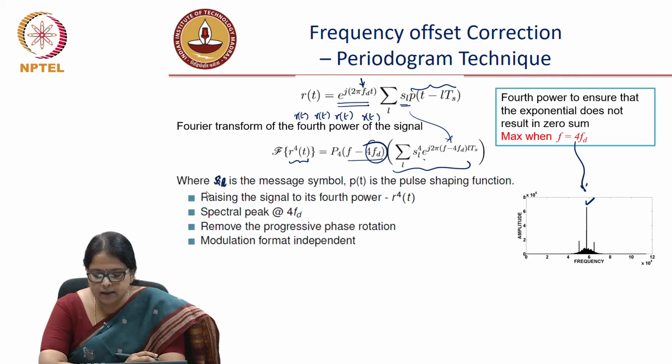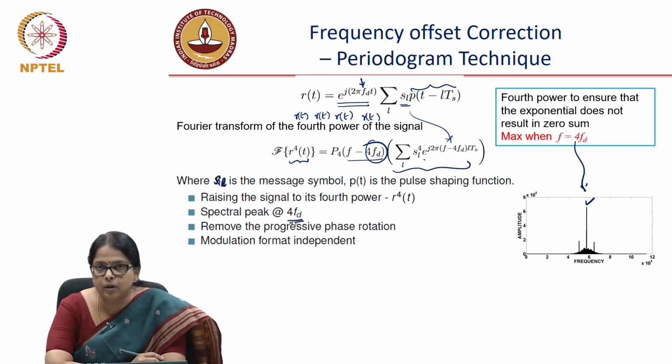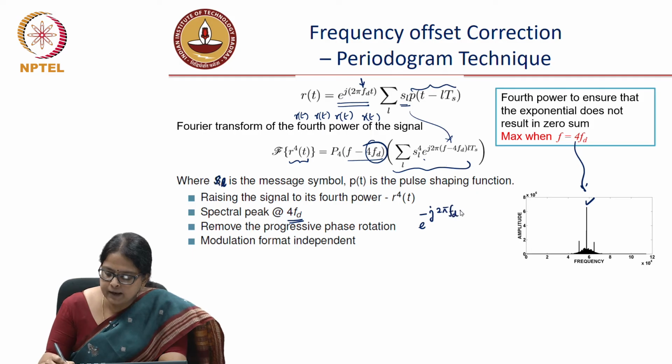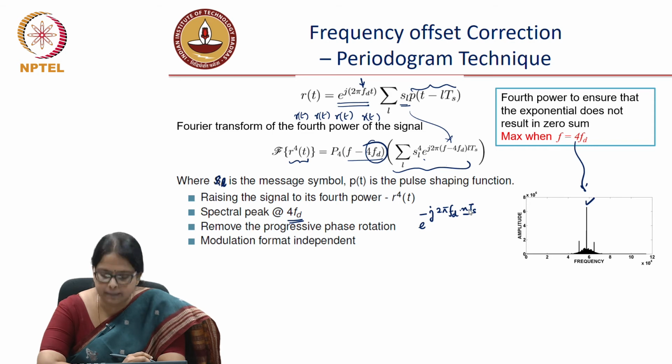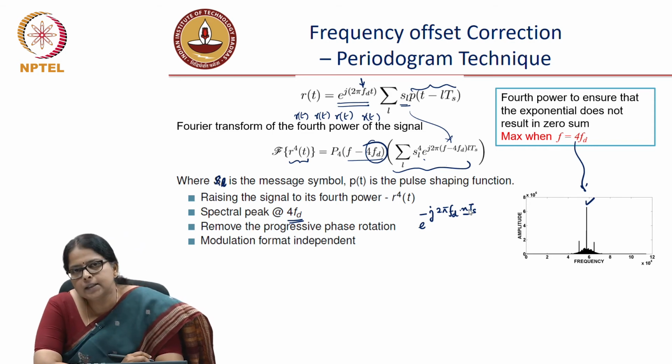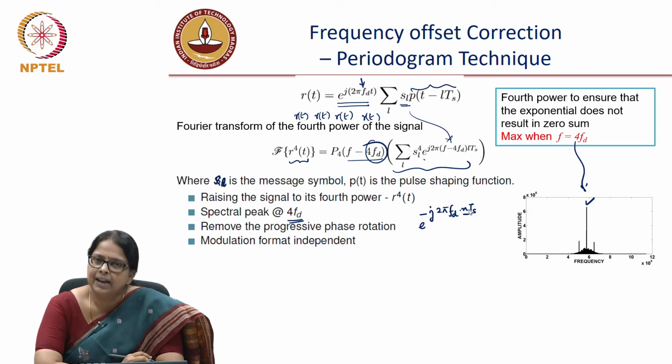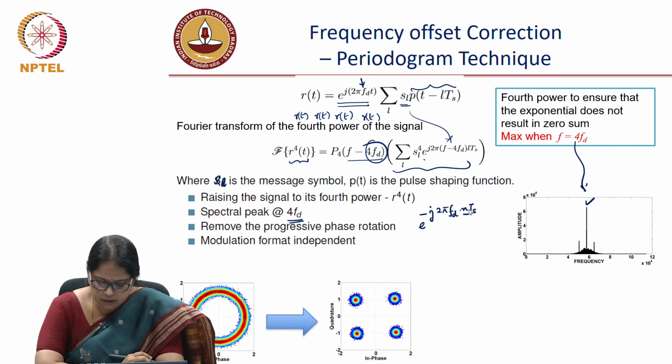First you raise the signal to the fourth power, then you do a Fourier transform, find the spectral peak at 4 f d, from that obviously you can find out f d, and then you remove the progressive phase rotation, which means you multiply by e power minus j 2 pi f d times n T_s for the nth sample. The good thing is this is modulation format independent. You never use the fact that this is a QPSK modulation or 16 QAM modulation. So, this idea works for any modulation format. So, this is how it is going to look.